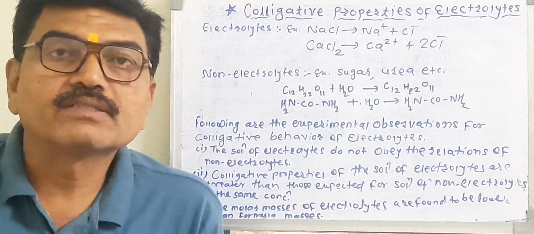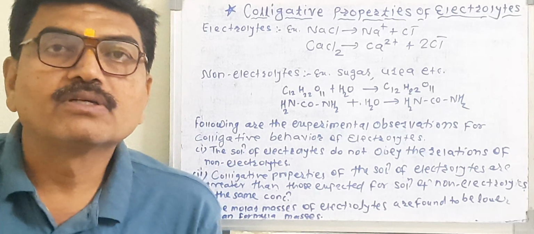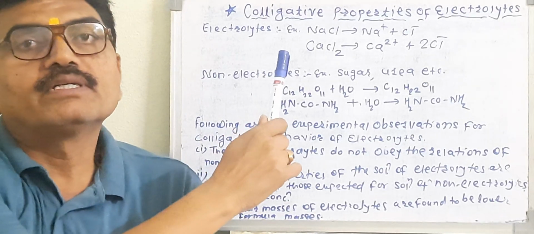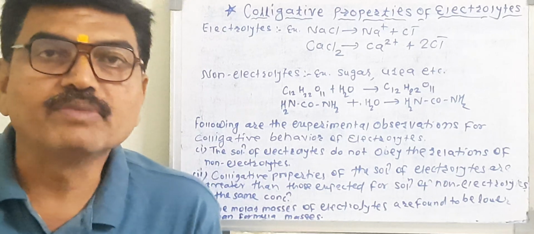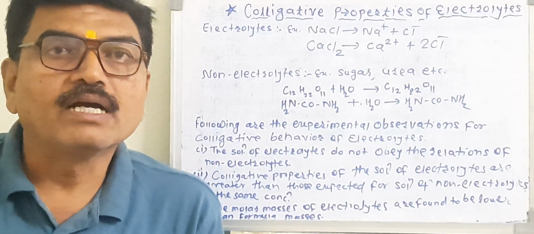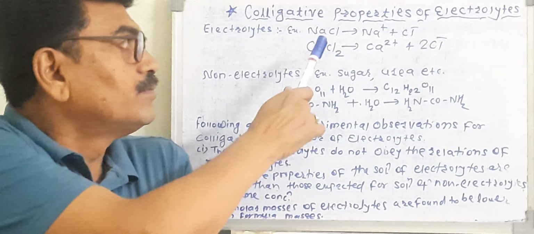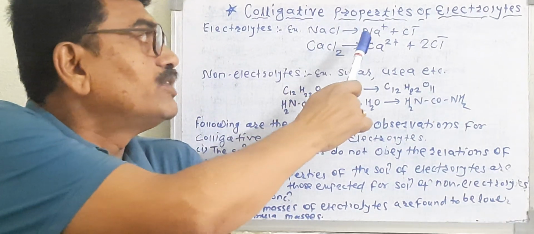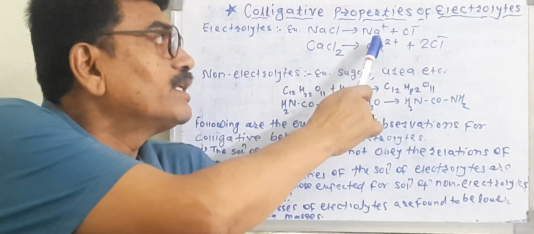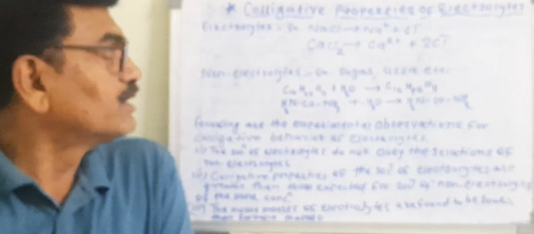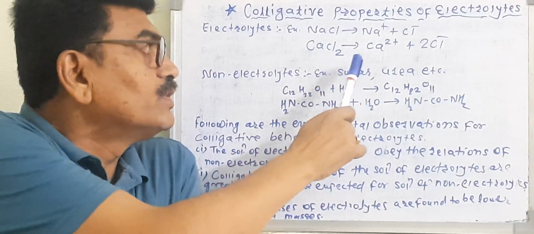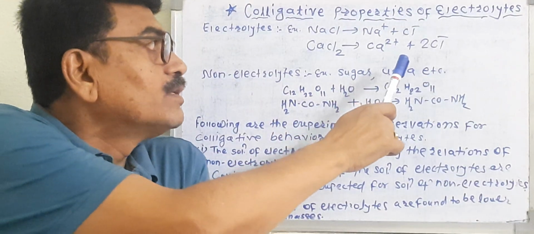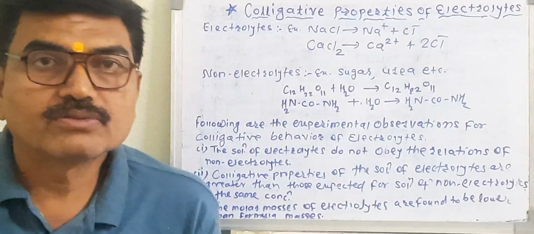When dissolved in water or in aqueous medium, they produce ions. NaCl dissociates or ionizes and produces Na+ and Cl- ions. Similarly, CaCl2 gives Ca2+ and 2Cl- ions.